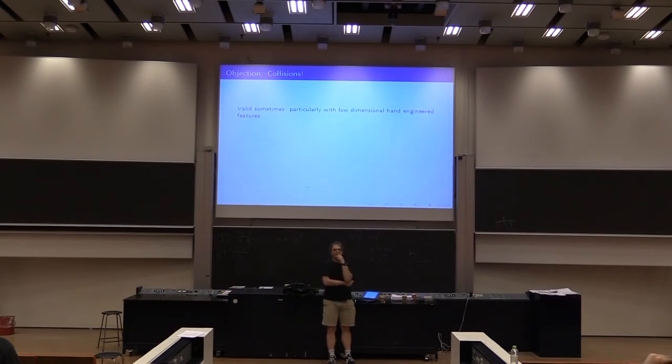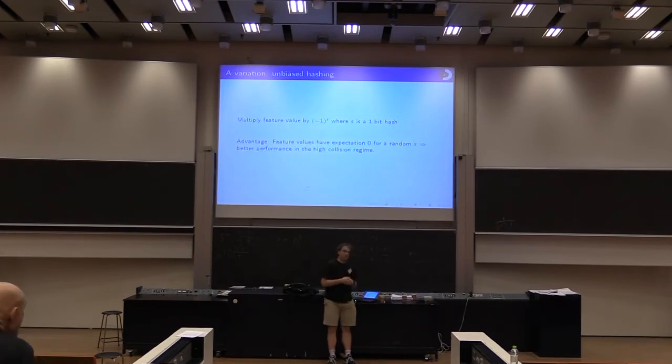Why does that improve the collision outcomes? Well, it doesn't reduce the number of collisions, but let's say that we have a feature vector, and we map it via some hash function into a vector space.